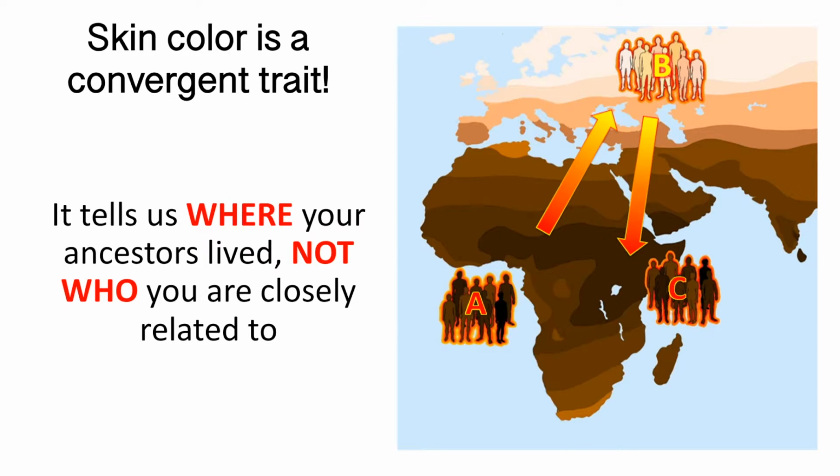And then if individuals from that same population B were to move back towards the equator, in as little as another 100 generations, you could see the evolution of a darker skin tone. And so in comparing those populations, you'd find that population B is actually more closely related to both population A and C than A and C are to one another.